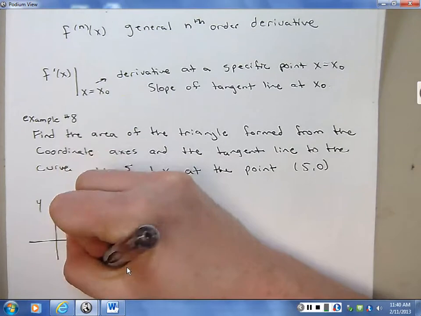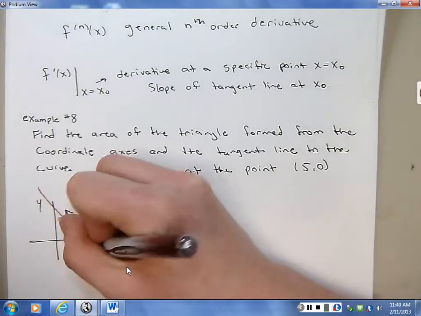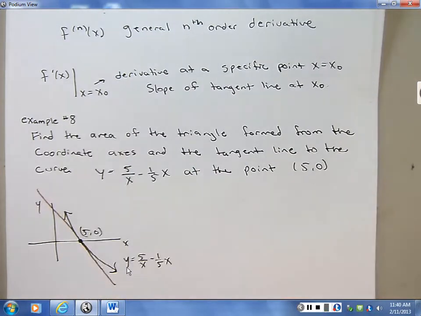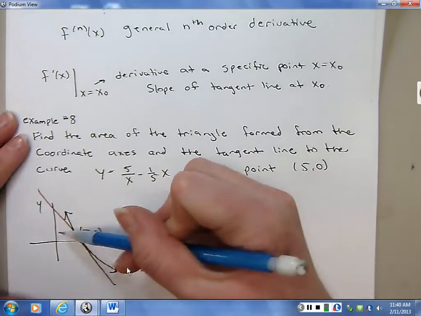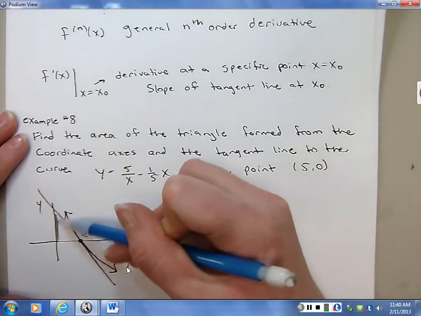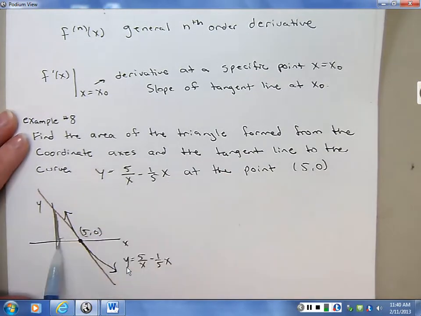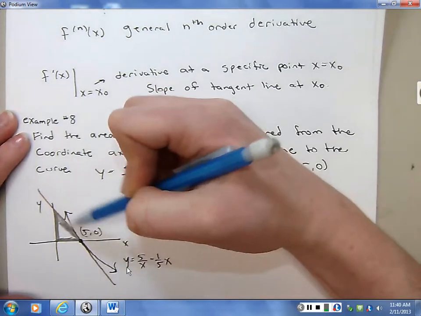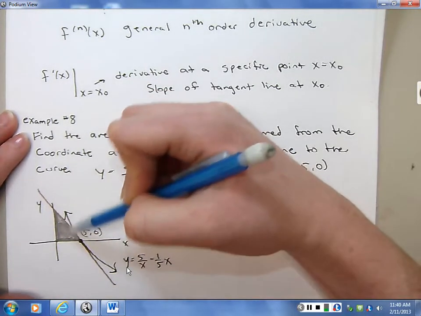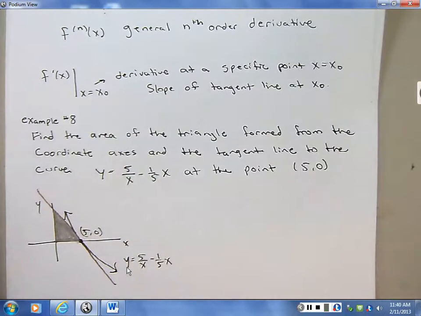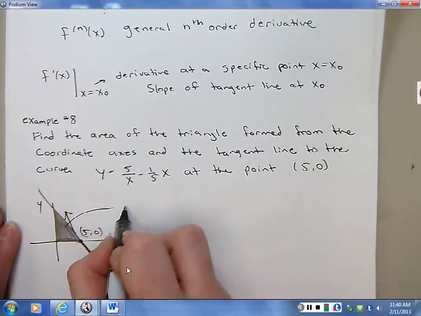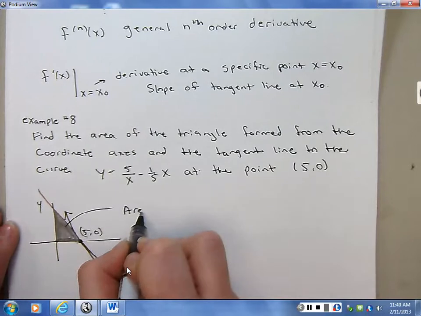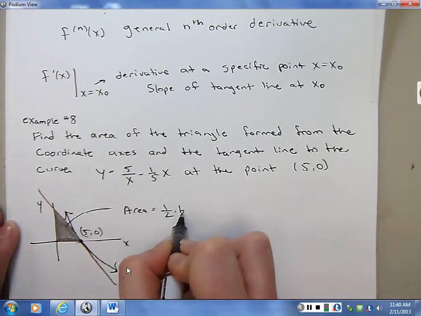So if I draw the tangent line here, I'm looking for the area of the triangle that is enclosed by the coordinate axes, so the y-axis and the x-axis, and the tangent line to this curve at this point. So how do I find the area of a triangle? Very good. So I have area equals 1/2 base times height.